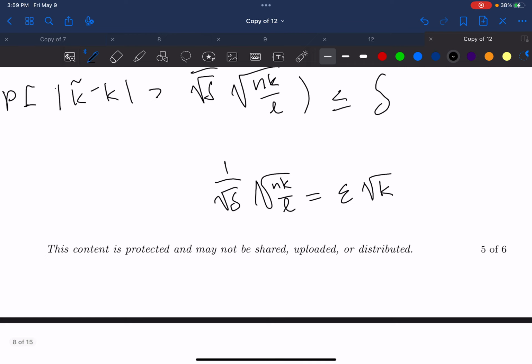And this is going to occur, we can see, when we're picking for L. Well, L has to, first off, cancel our value of n out because we don't see any n terms. So we're going to have n, and then that k we can leave. And then on the outside here, we should have a delta to cancel out this 1 over square root delta. And then in order to get the epsilon term here, we need to have an epsilon squared term.